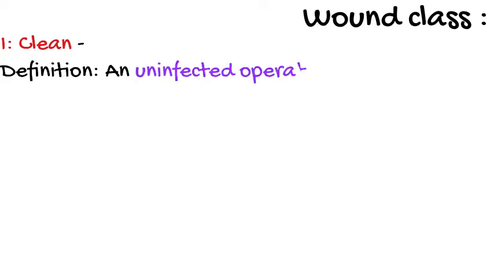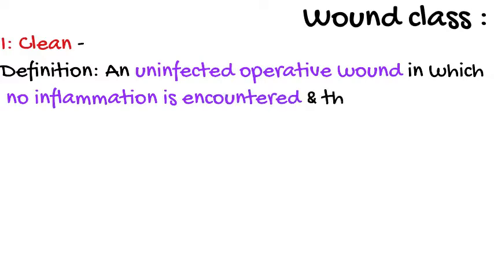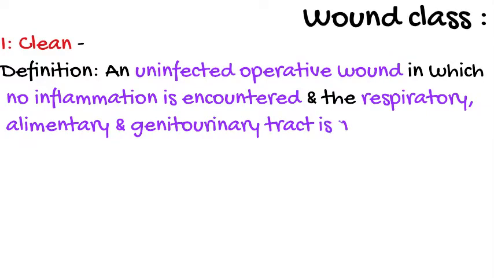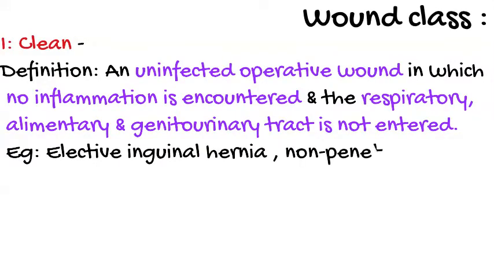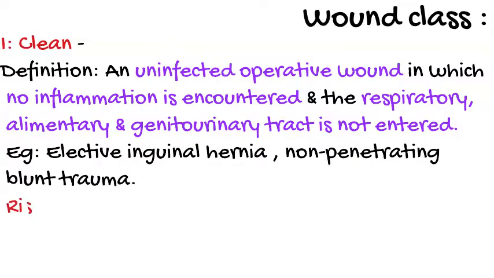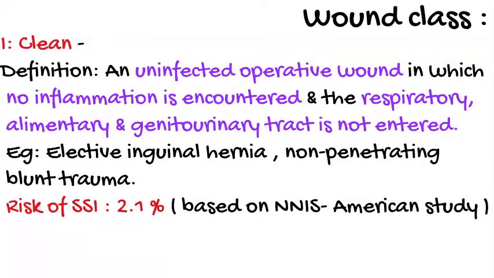For wound classification, number 1, a clean wound. It is defined as an uninfected operative wound in which no inflammation is encountered and the respiratory, alimentary, and genitourinary tract is not entered. Examples include elective inguinal hernia, non-penetrating blunt trauma.